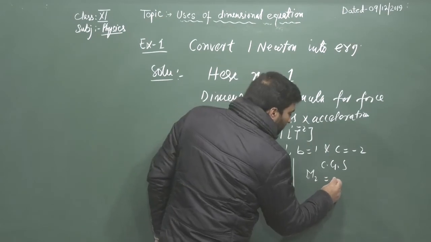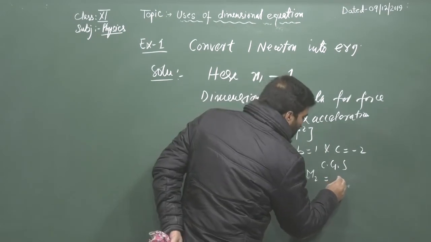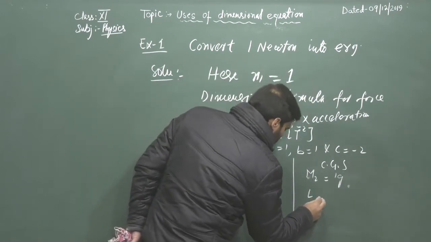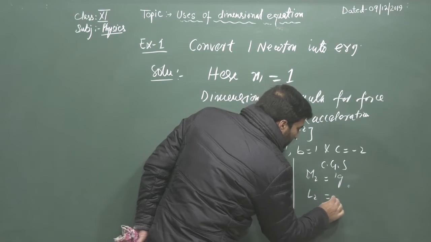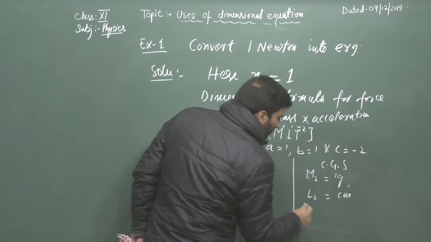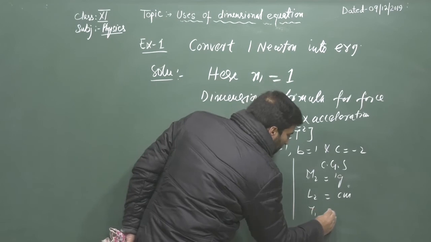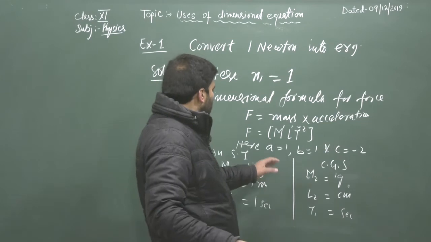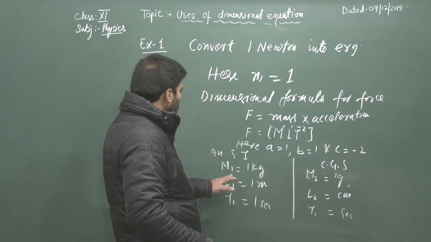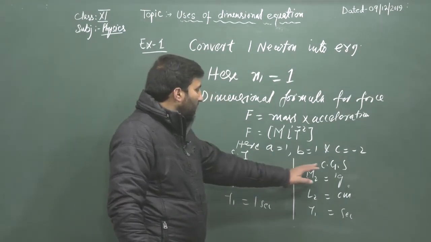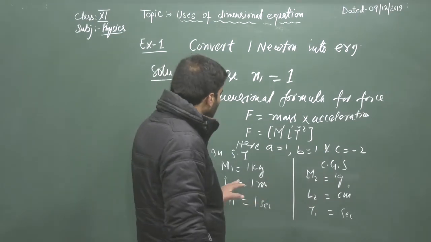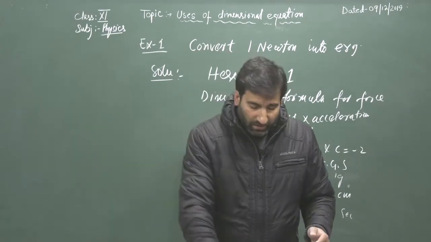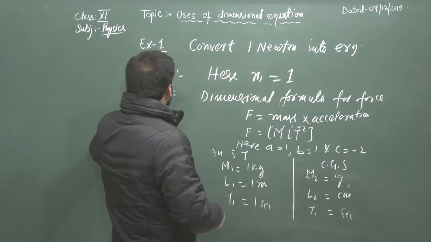M2 is equal to 1 gram, L2 is represented in centimeter, and time is represented in second. So these are the basic quantities which we express in SI and in the CGS system. Now we will use these physical quantities in the equation that we have already derived.